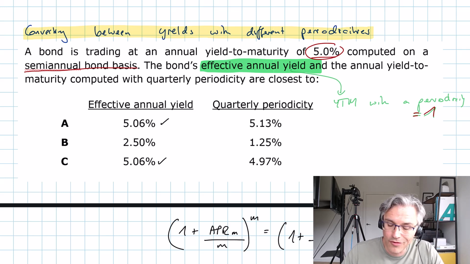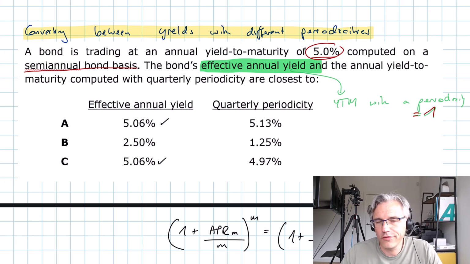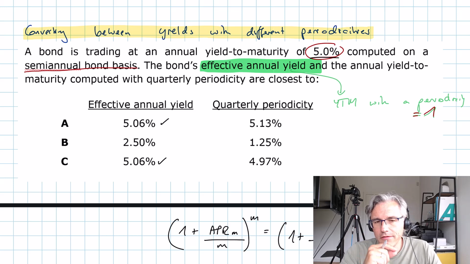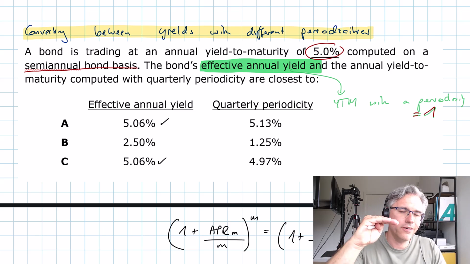It's either A or C. Now, the thing is, we could have known it's 5.06, because it couldn't have been 2.5. How do I know it? Because if you've got a YTM, a yield to maturity, computed with a periodicity of 2 that equals 5, to get the same result but with less frequent compounding, you need a higher YTM.